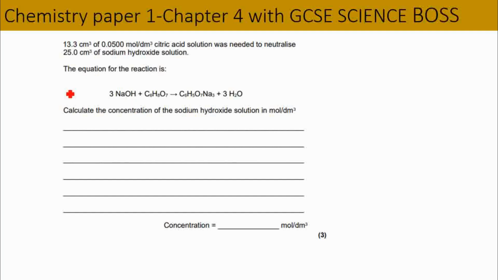It says you have 13.3 cm cubed, so this is my volume, of 0.050 moles per dm cubed citric acid, that's my concentration, needed to neutralize another volume of sodium hydroxide. Calculate the concentration of sodium hydroxide in moles per dm cubed, and you're given the equation.